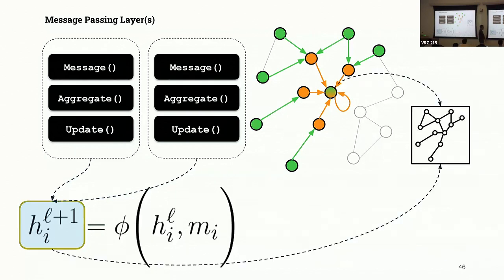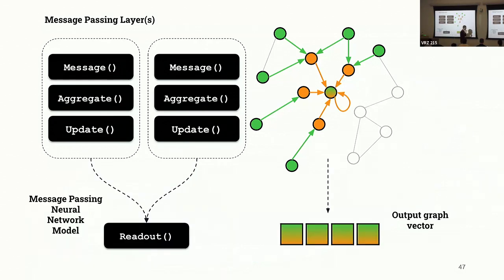The key idea is that I incorporate the local relational structure of the graph, thanks to this message update and message aggregation process. So that's the key idea.